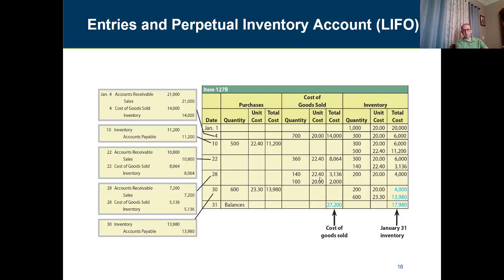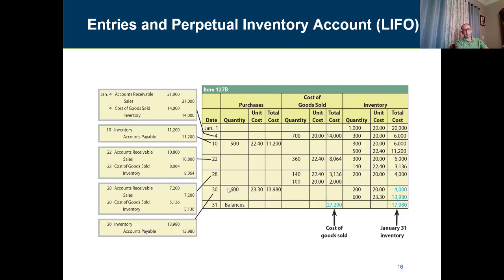So 140 at $22.40, and now this is gone. This line is gone. And then 100 out of the 300 would leave us with 200 units. So 140 at $22.40 and 100 at $20, and we get their totals. And then the remaining balance is 200, which is the 300 minus the 100, at $20 for a total of 4,000.